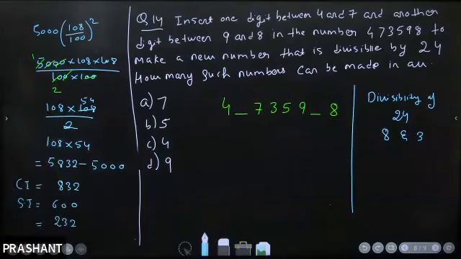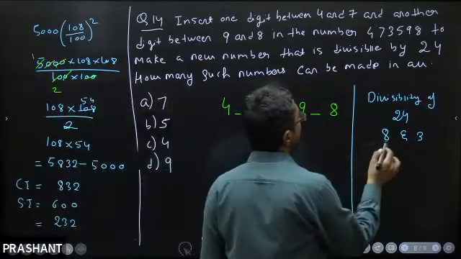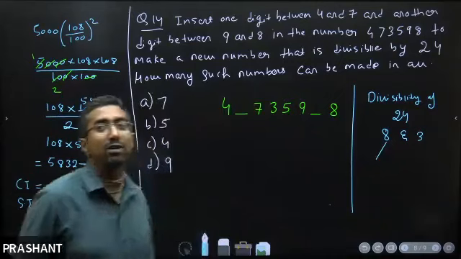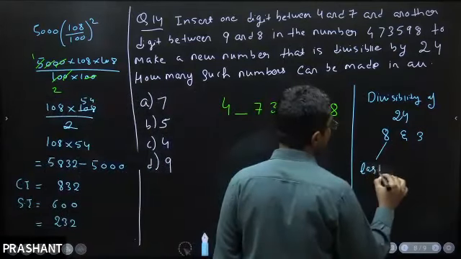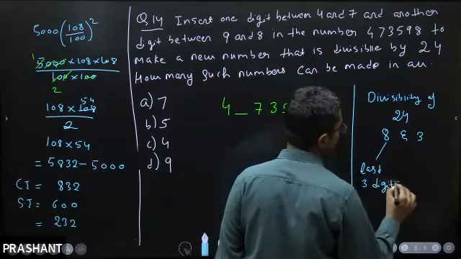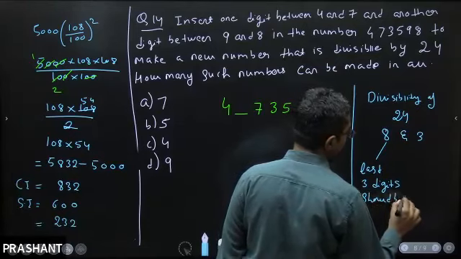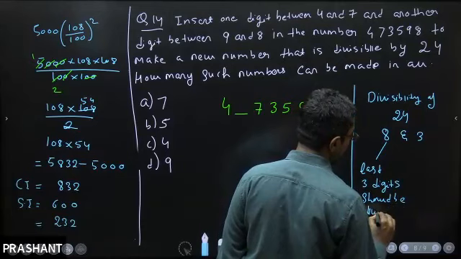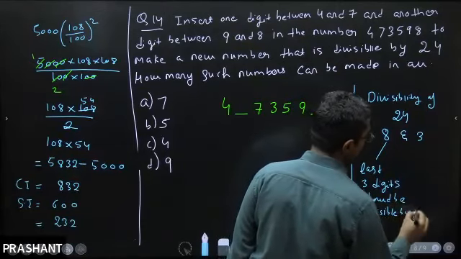by 24. तो हमें वो चेक करना है, तो सबसे पहले अभी 8 का डिविजिबिलिटी रूल हमें पता रहना चाहिए. 8 का डिविजिबिलिटी रूल क्या है? 8 का डिविजिबिलिटी रूल है last 3 digits should be divisible by 8.